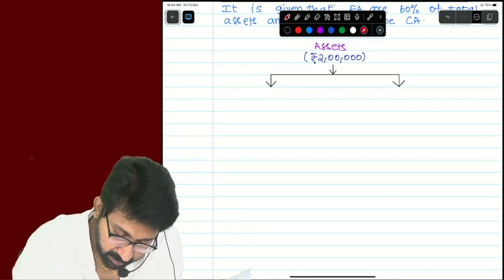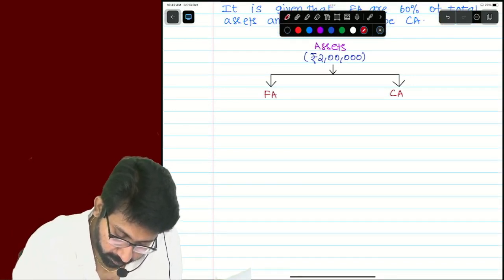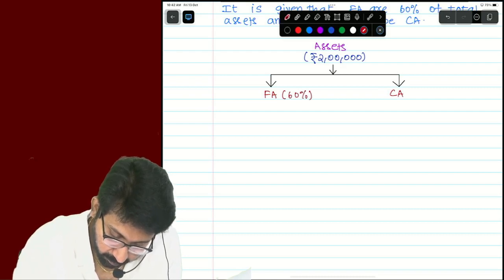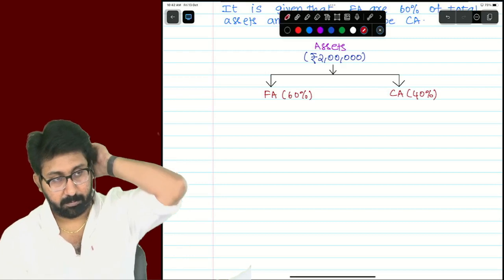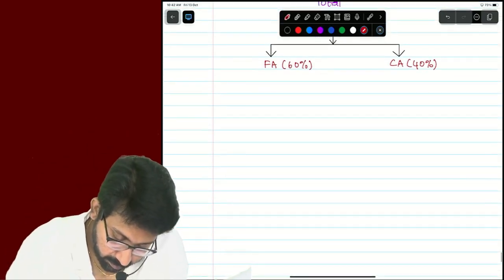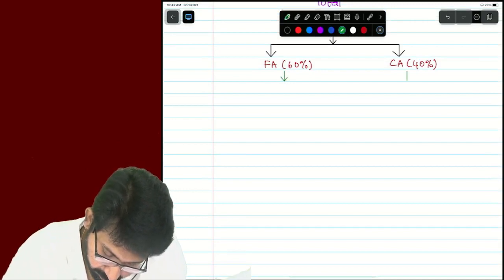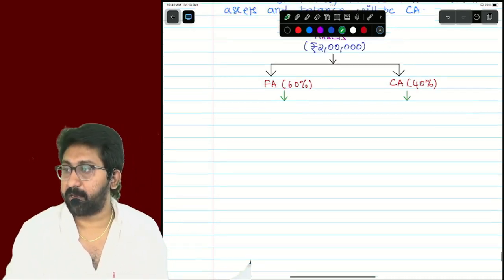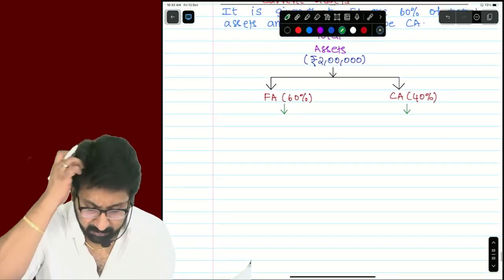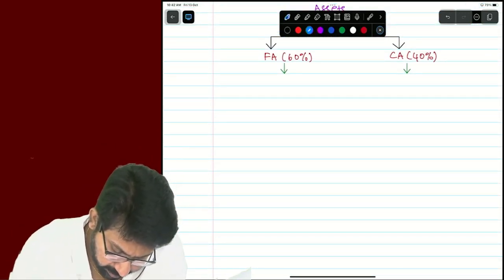First part will be 60, the second will be 40. That 60% part will in turn account for how much? Write down the working clearly and show that.